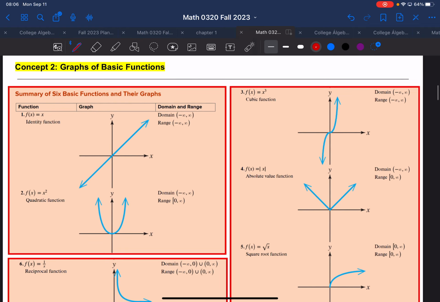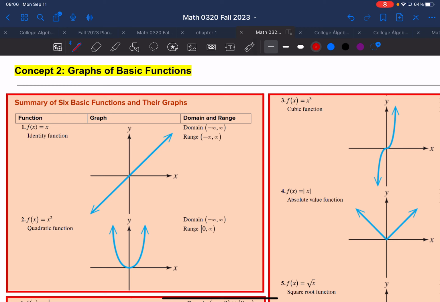Concept 2 is graphs of basic functions. Okay. So we're going to look at 6 basic functions and their graphs. The most important part to remember here is when we identify a function, to remember what the graph looks like in general, okay?